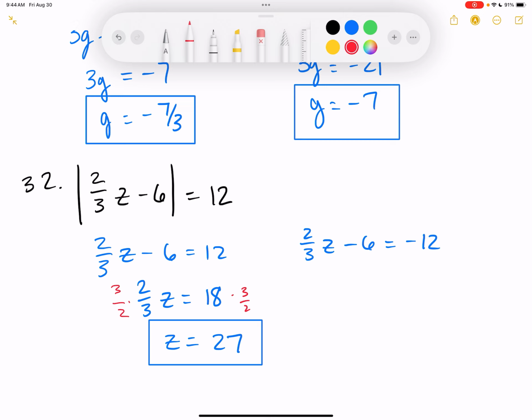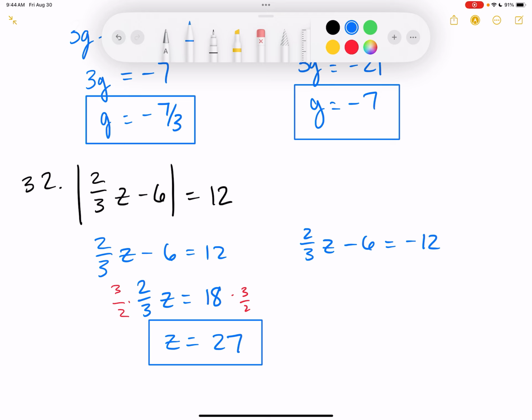I just keep flipping it in my mind. So when you multiplied 18 by 3 over 2, you just divided by 2 and then multiplied by 3? Yep. It's 18, not 8. That's what I had, z equals 27.